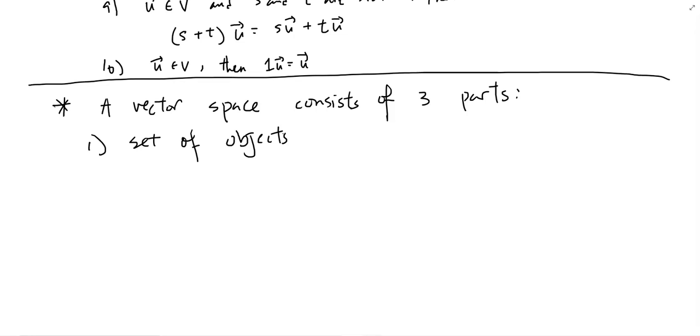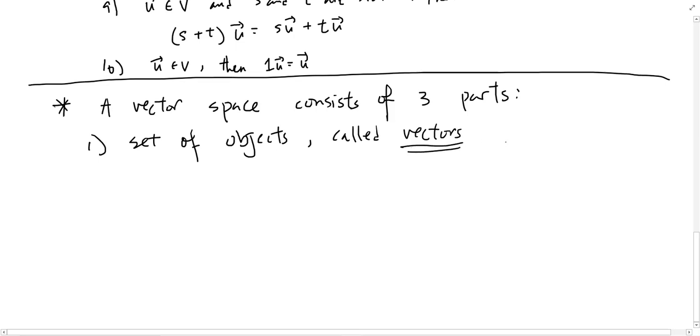This set of objects are generically called vectors. And importantly, there is at least one unique object in the set, and that's called a zero vector. You cannot have a vector space without a zero vector.